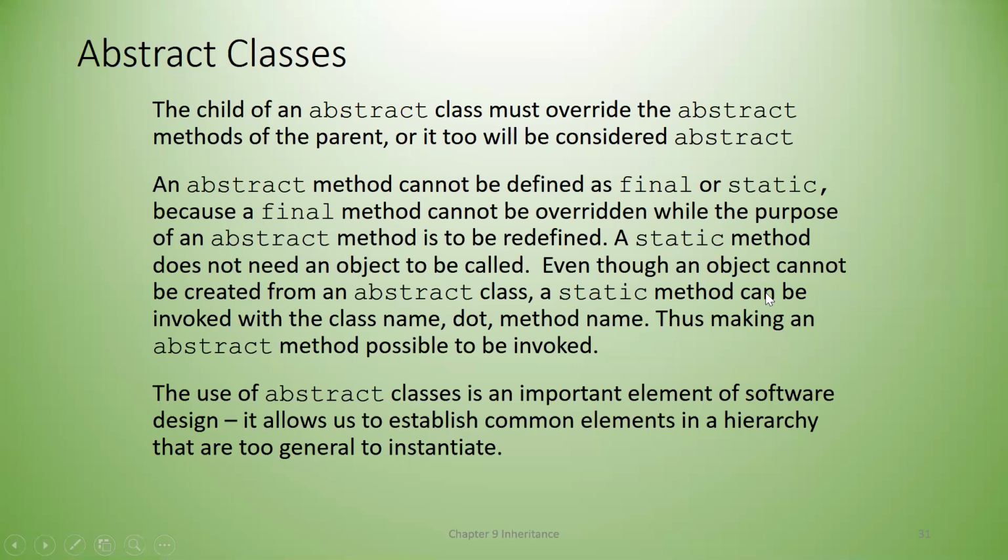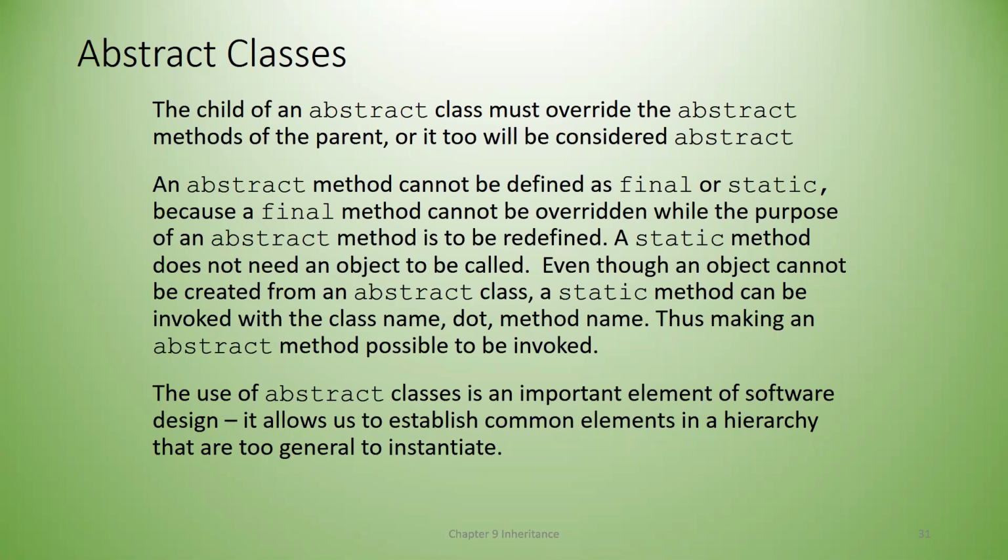If you are a child class of an abstract class, what must you do? Override the abstract method of the parent? Yes. You must override all the abstract methods in your parent class. What if you don't? If you don't, you will declare yourself to be an abstract class also.